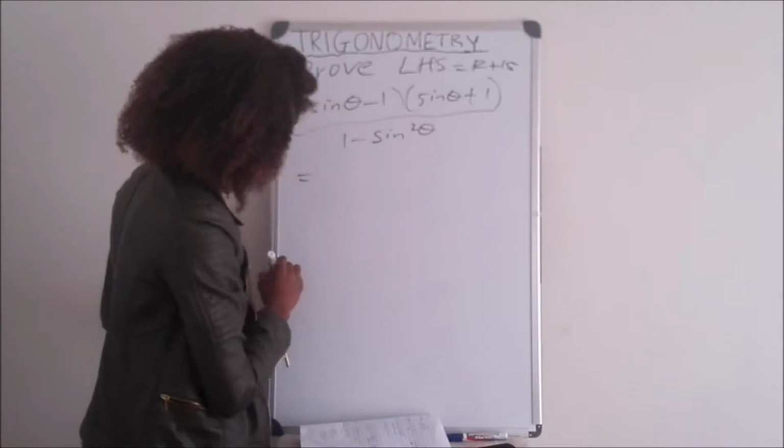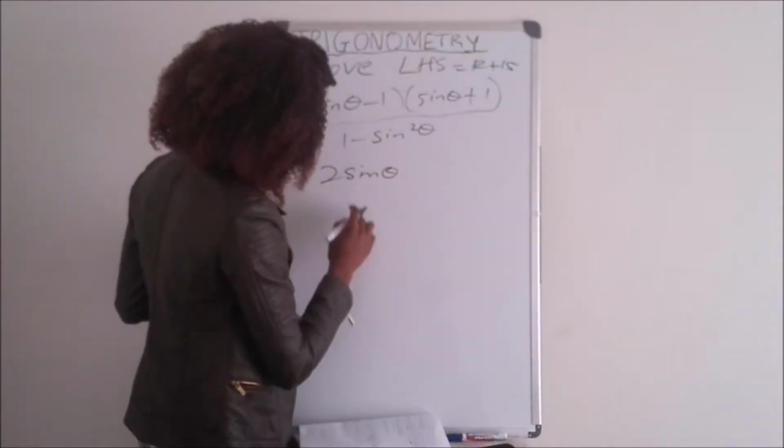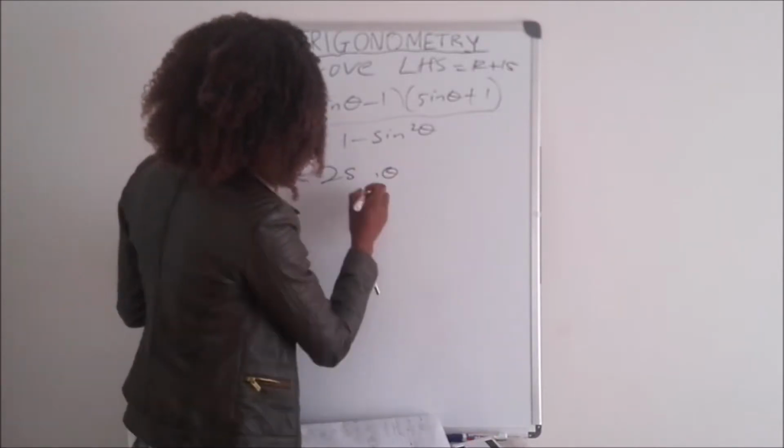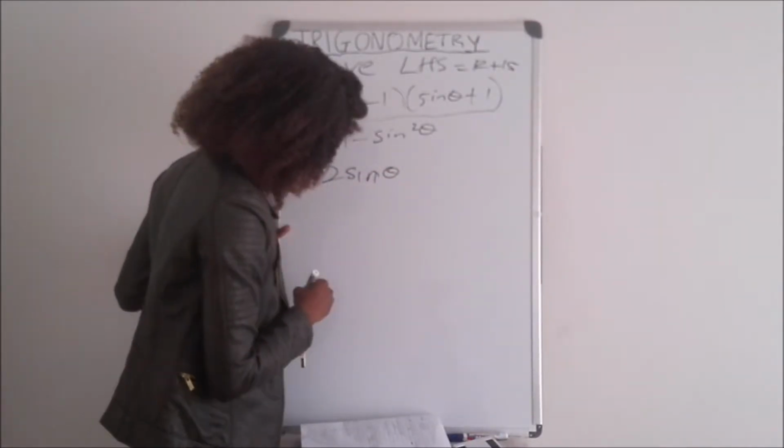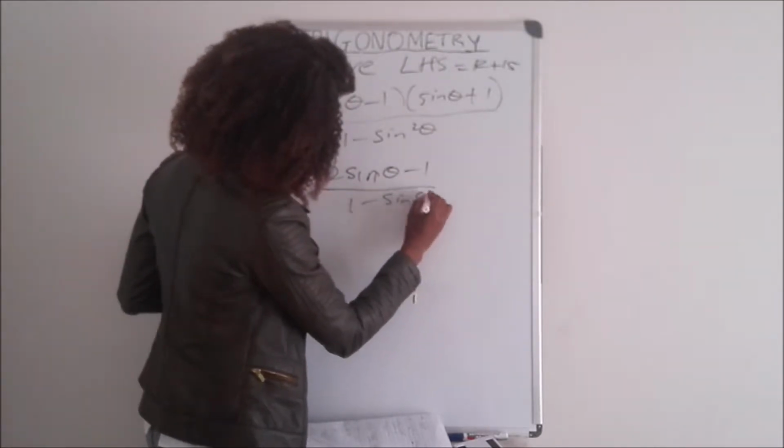This must be equal to the right-hand side of 2 sin theta minus 1 divided by 1 minus sin theta. Sorry guys, it seems like I wrote sin theta there.